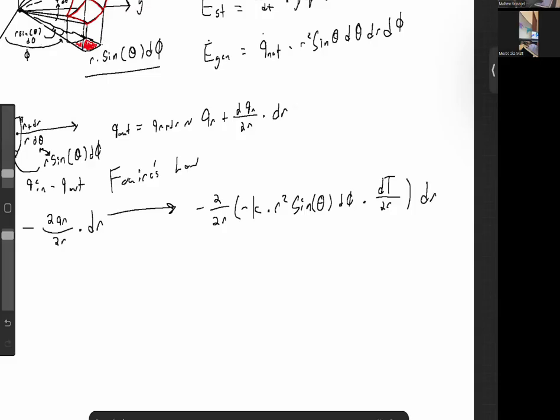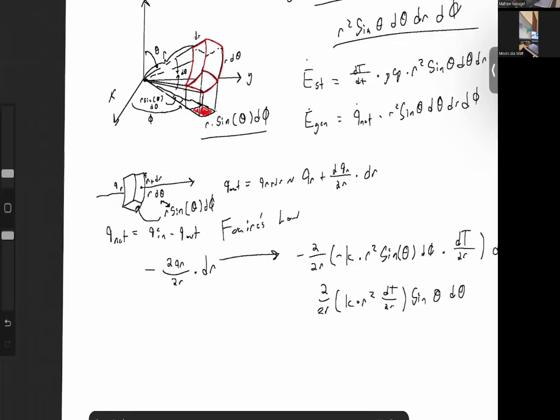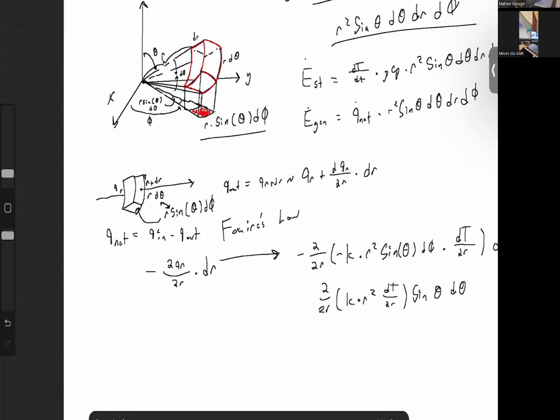Or if we want to simplify this, this turns into partial change of R, k multiplied by, I'll leave R squared in here, dT over dR, and then this is multiplied by sine of theta dθ, right? Did I miss an area?